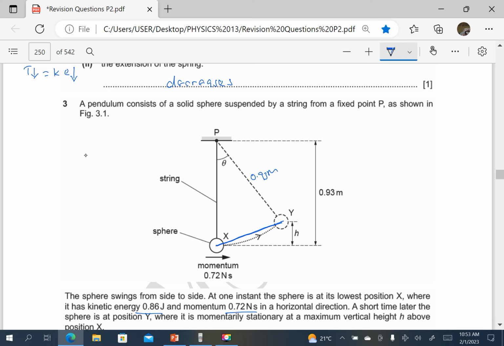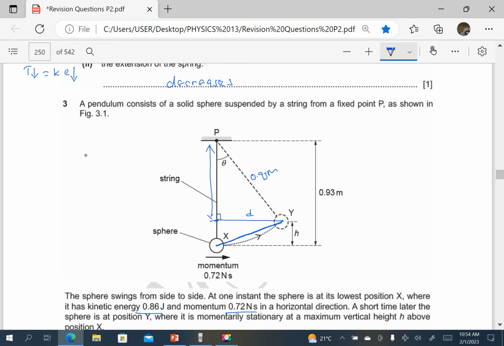However, if I try to find a right angled triangle, I will draw a horizontal line which makes 90 degrees with the vertical, so that I come up with a right angled triangle. This distance here, I'm going to call it D. There's no way I will find h unless I know the distance from P to that point there.